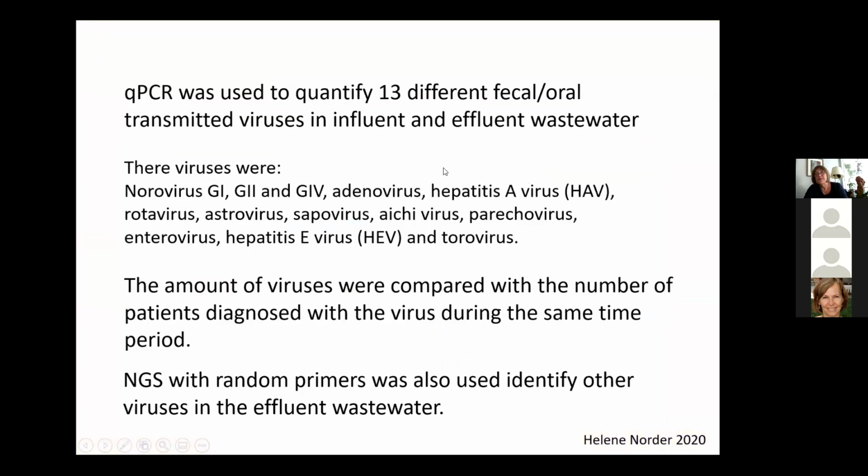When we had eluted and extracted the nucleic acid, we made qPCR to quantify 13 different viruses. The amount of viruses was compared with the number of patients diagnosed with the virus during the same time period, living in the Gothenburg area. For the effluent, we also used NGS with random primers to see if we could find more viruses than we could find by qPCR.